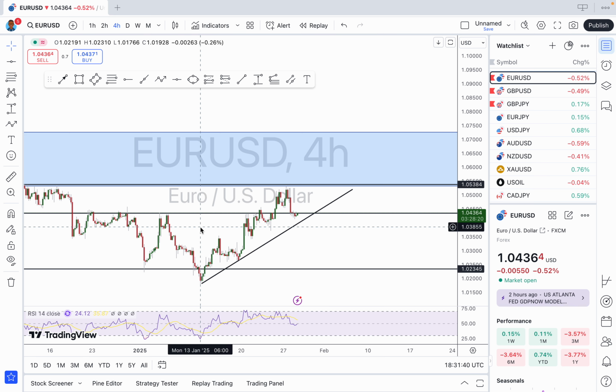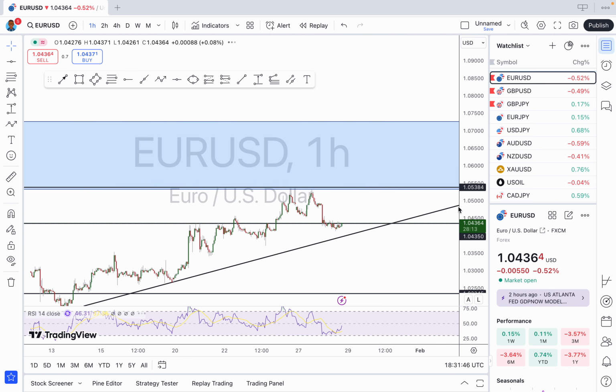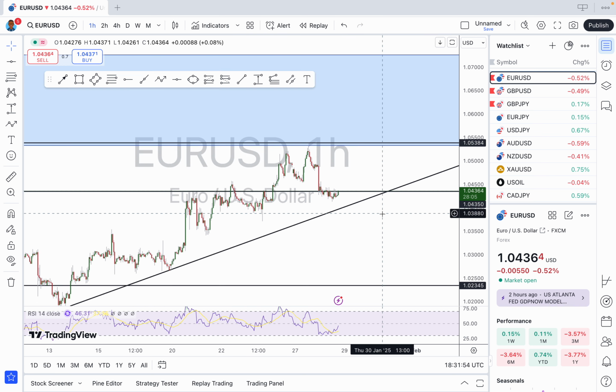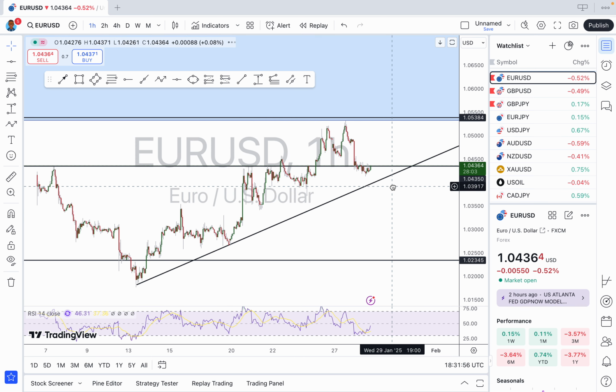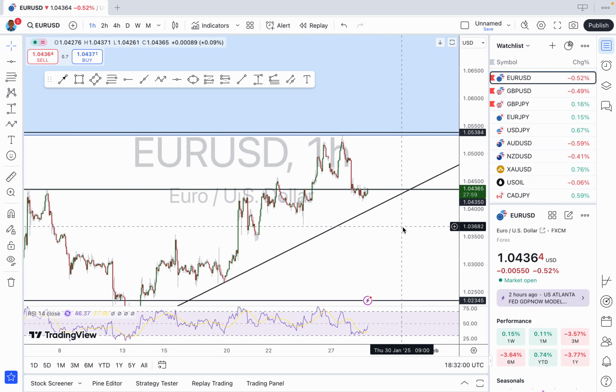If you go to a 1-hour time frame, which is where my entries go down, you would see the fib level is pointing up to the upside. So what would I do in this scenario?